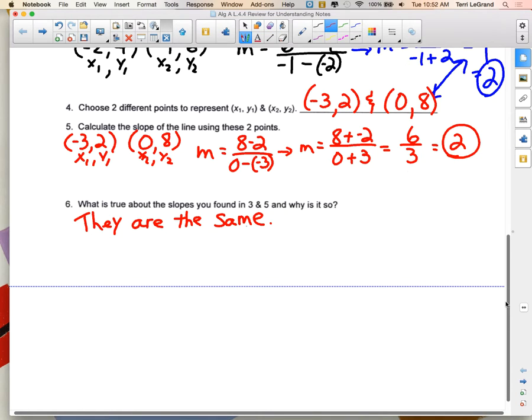Well, in reality, what we're trying to decide is why are they the same? Why are those slopes the same? And in one of them we used 2 points, and in another one we used 2 different points. What about those points? What are all of those points doing? They're increasing by 2. They're making up a line. They're all on the same line, are they not?